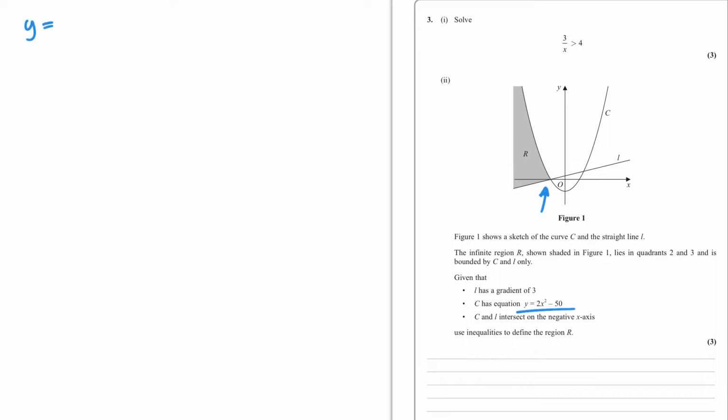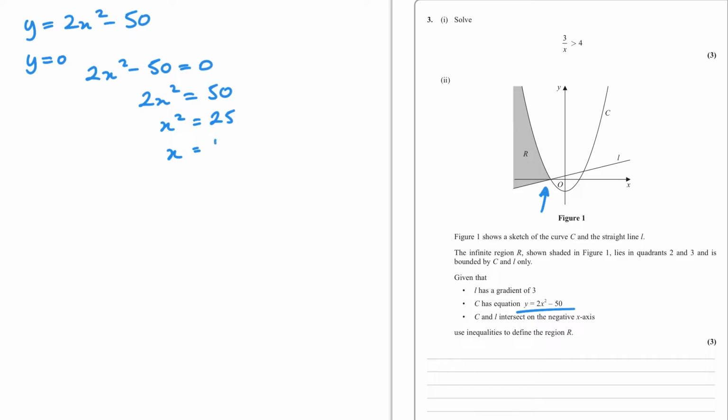So we have y equals 2x squared minus 50, and when y equals 0, that's 2x squared minus 50 equals 0. So 2x squared equals 50, x squared equals 25, x equals plus or minus 5. So now I can see that it's minus 5 at this point and positive 5 at this point.